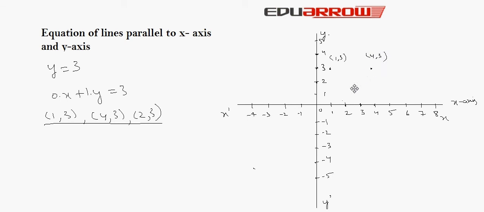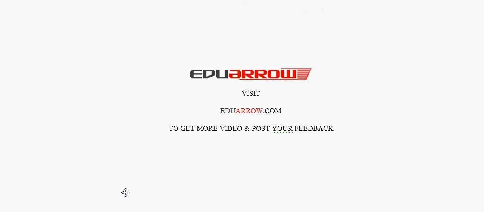Now (2, 3) is here. Now we will join these points. We obtain a line parallel to the x-axis, that is AB. This is all about equations of line parallel to x-axis and y-axis.